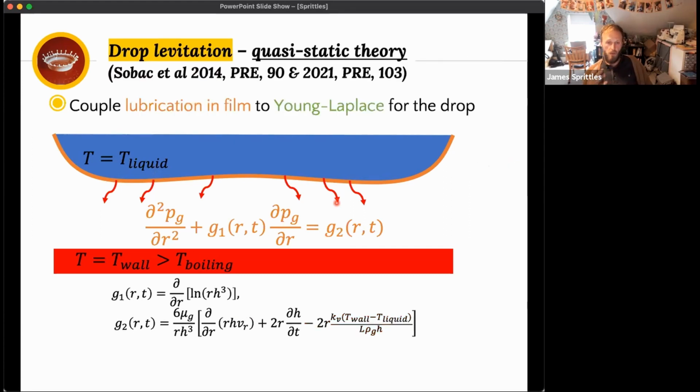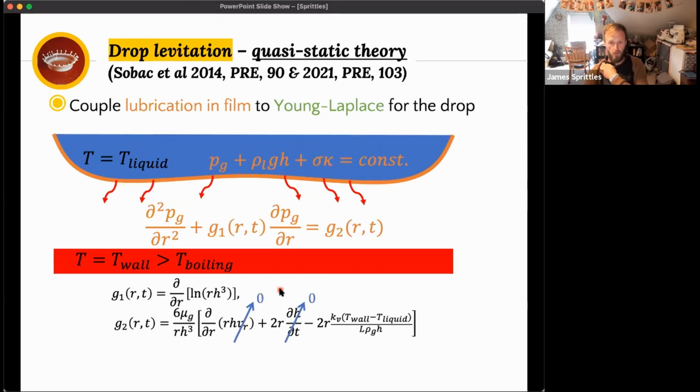Now, the most popular model in the literature so far for these quasi-static drops is a model developed by Sobak. What he considers is just the equilibrium state, so that you can consider equilibrium in the drop. So you have the balance of hydrostatic pressure and capillary forces.